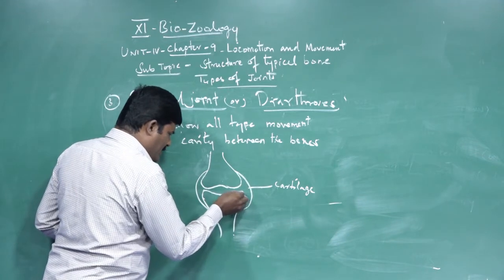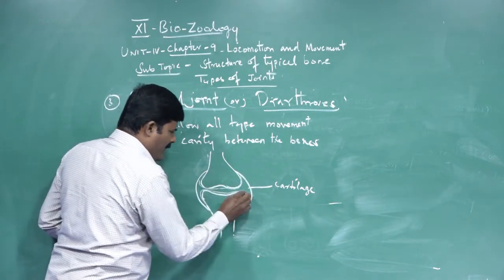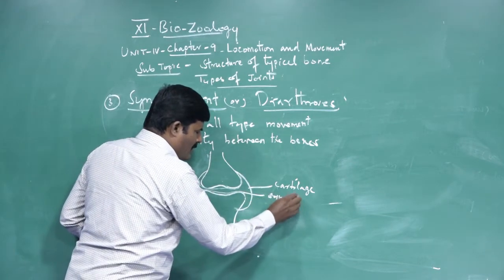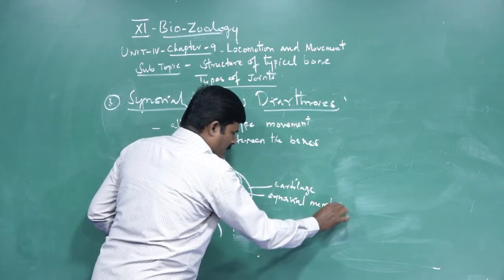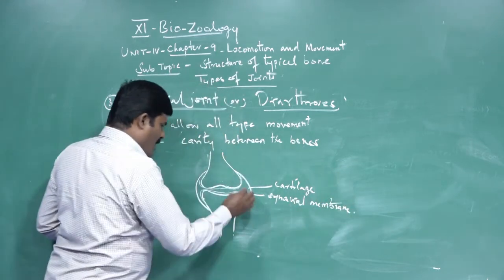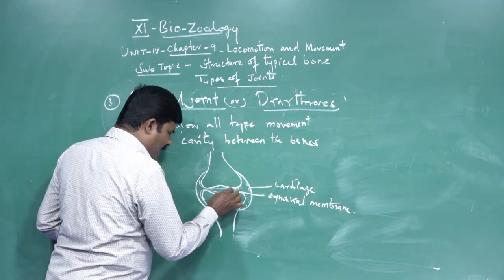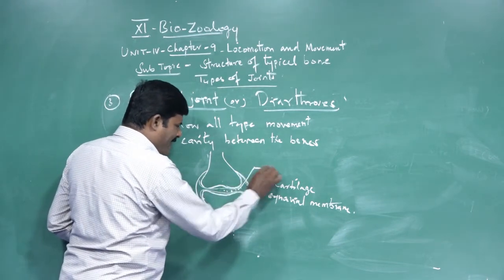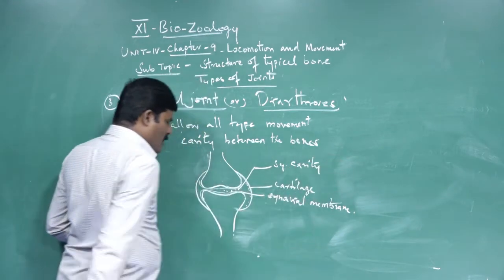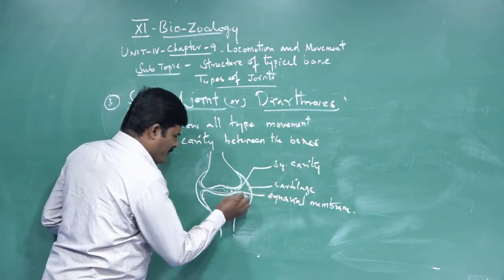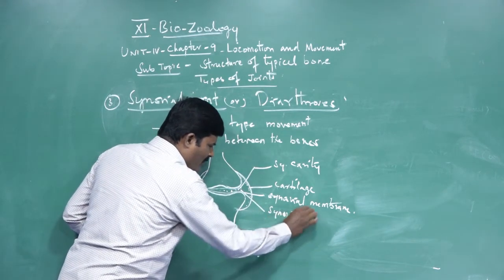This membrane is the synovial membrane. And the space present is called the synovial cavity. The synovial cavity is filled with synovial fluid.